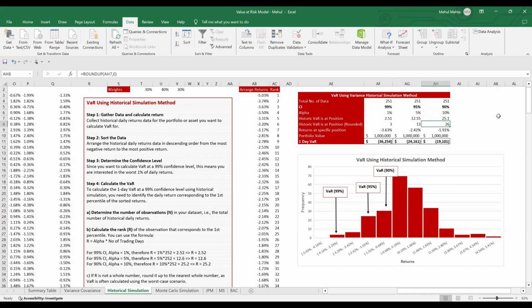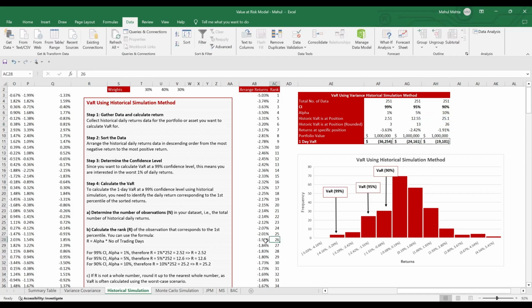I have read a lot of research papers on the historical method, and when people round it, some consider round up, and some other people just take a round. If you just take a round, this will become 25 and not 26. It depends on the person, but just to standardize the process, I'm rounding it up. So once I round it up, this becomes 26.